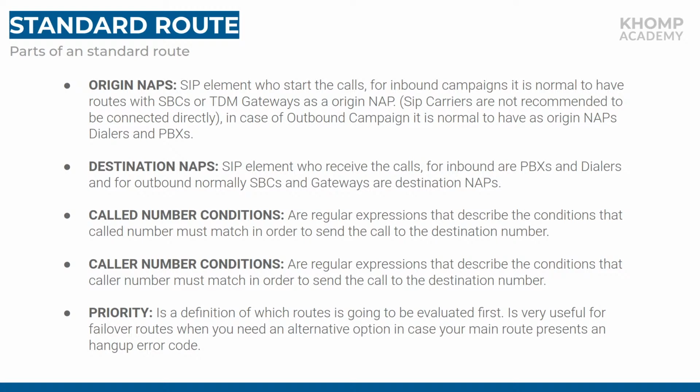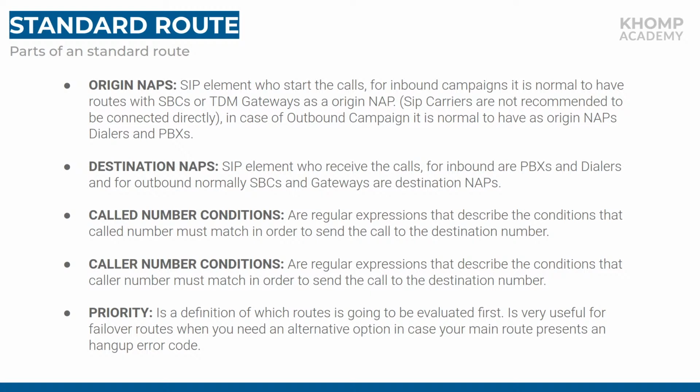So in these cases, you will see, okay, this is an inbound campaign, and my origin NAP will be an SVC, a gateway, and my destination will be my VoIP engine. So you have to take care in this scenario: the origin NAP is the SVC.